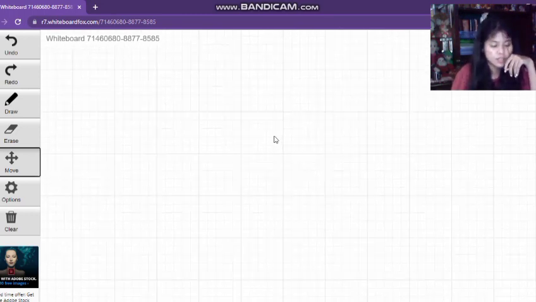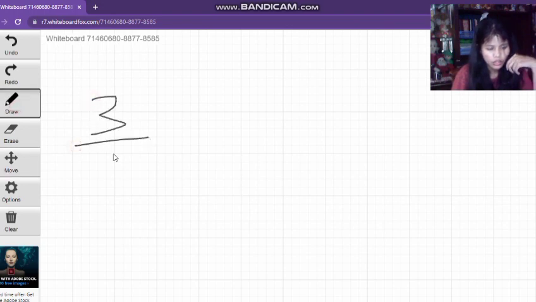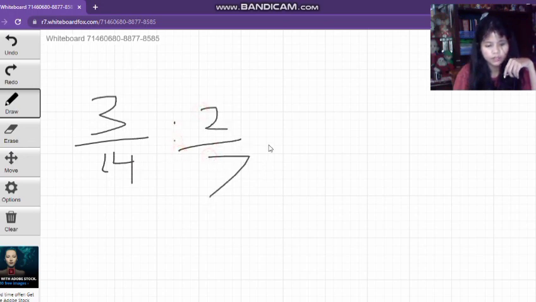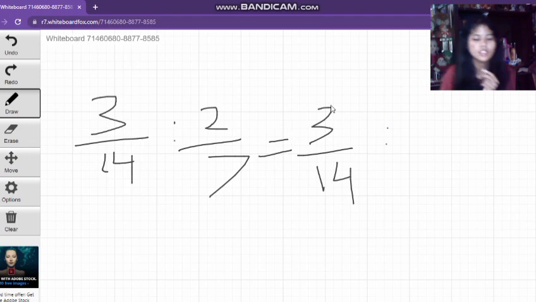So division by a fraction is carried out by multiplication by its reciprocal, atau bahasa itu kebalikannya, like this. So 3 over 14 divided by 2 over 7 equals 3 over 14 multiplied by the second fraction flipped, dibalik.